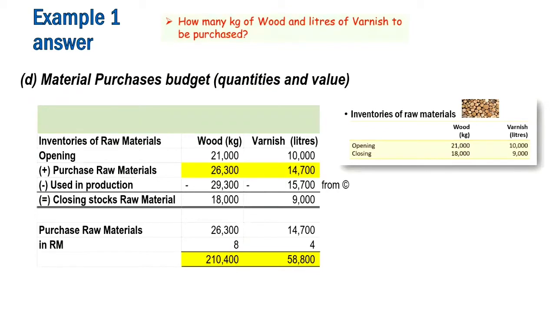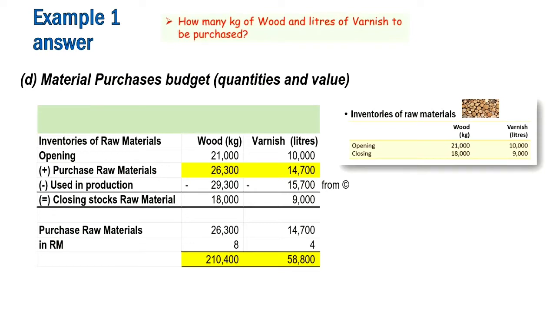From the information in the question, we have been provided with the inventories of raw materials, opening and closing. Of course, in the last question, we already know how much we need to use in order to produce the product. However, in this question, how much do we have to purchase more?